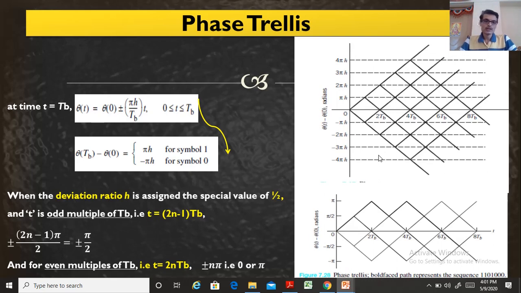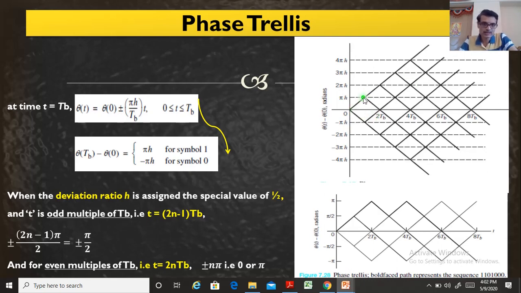Fine. So now, say consider the number is some number like say 1. I have taken this example here. 1101000. This is the number. If this is the number, in that case, for that example, what will be the tree diagram in this case? It's a continuous phase FSK.